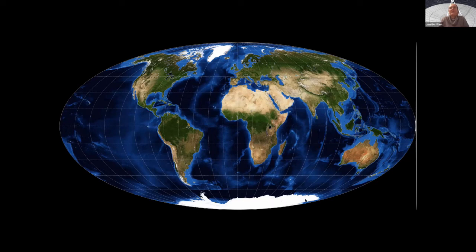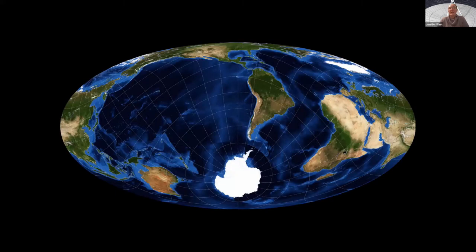In this map, it looks as big as all of Europe and Asia combined. But if we shift our perspective a little bit and change the orientation, we can appreciate that Antarctica isn't really big at all.